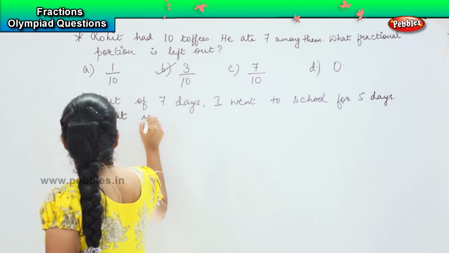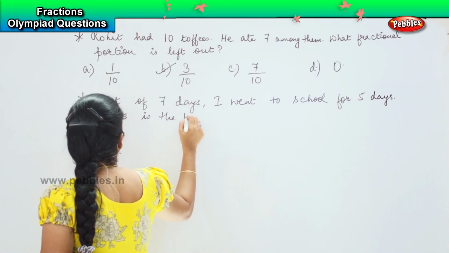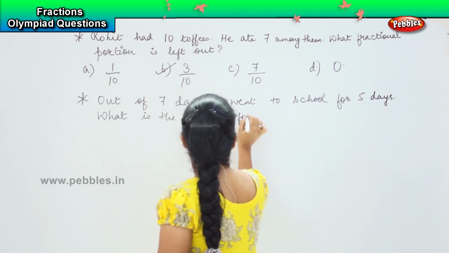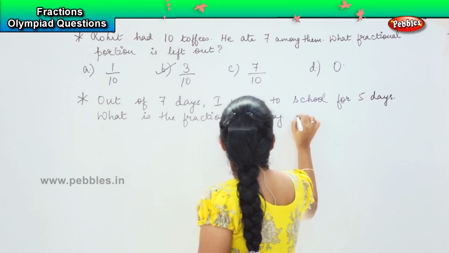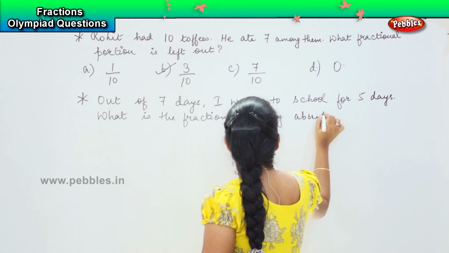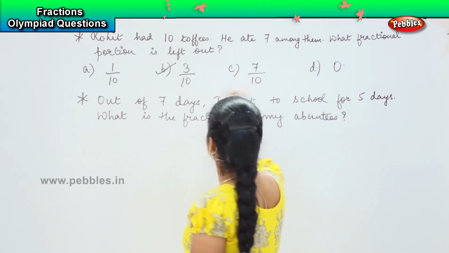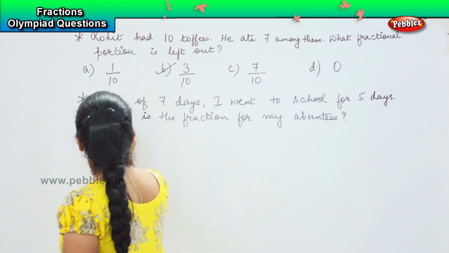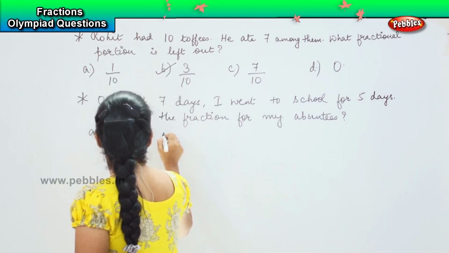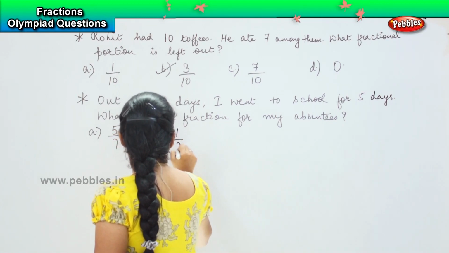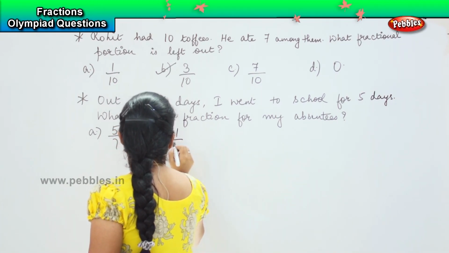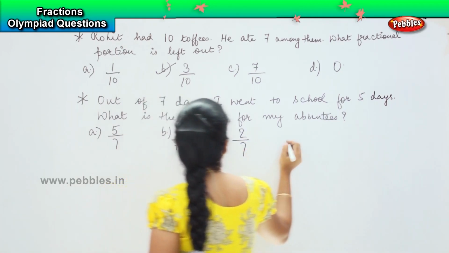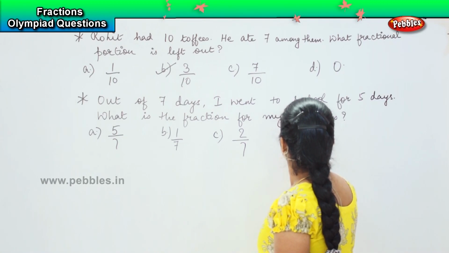What is the fraction for my absentees? My options are 5 by 7, 1 by 7, 2 by 7, 3 by 7.